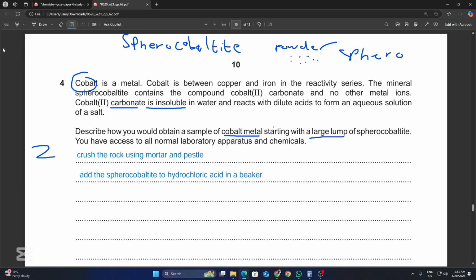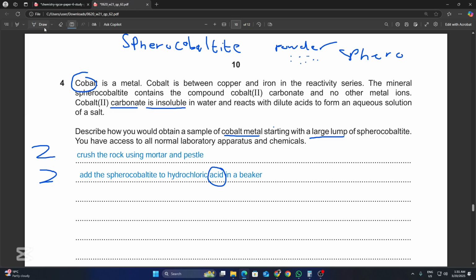I know this will also give you 2 marks, because you're mentioning you need to add it to an acid and you're mentioning exactly what acid you're using. By the way, you can use any strong dilute acid. You can say nitric acid, hydrochloric acid, and so on.